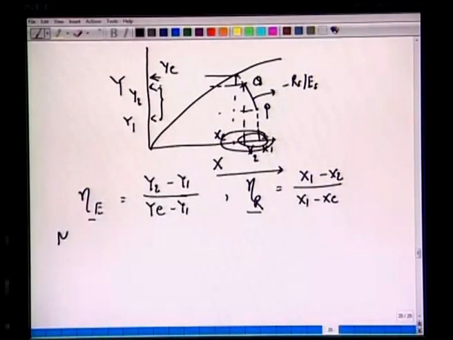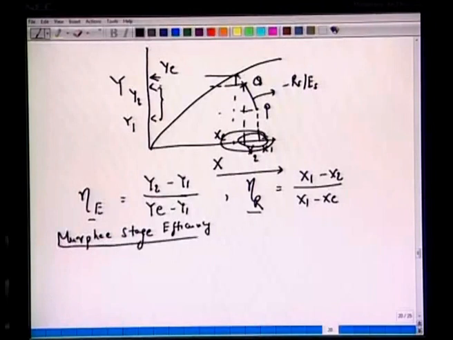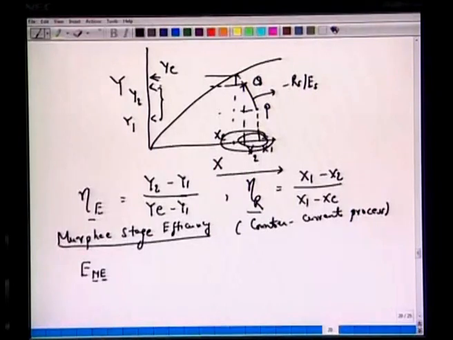One very common efficiency is known as Murphy stage efficiency, and this efficiency works very nicely. It works for counter current process, and here one defines E, M, E. Similarly, for Murphy efficiency based on extract phase: y2 minus y1 over y2 star minus y1.